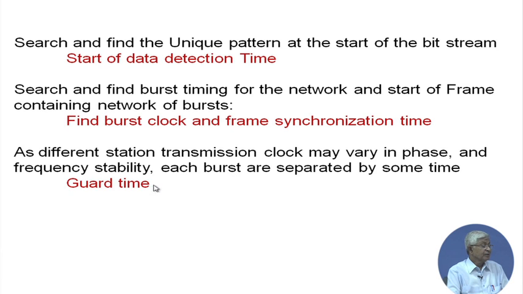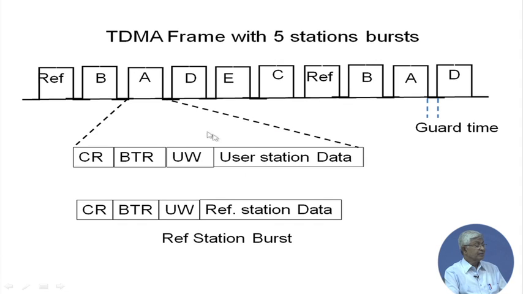Therefore a certain guard time has to be given, just like the guard band we gave in frequency for FDMA; here you have to give some guard time. These are the extra times which are required. At the transponder, if it is observed continuously, you can see the TDMA frame with five different stations A, B, C, D, E, as shown here.